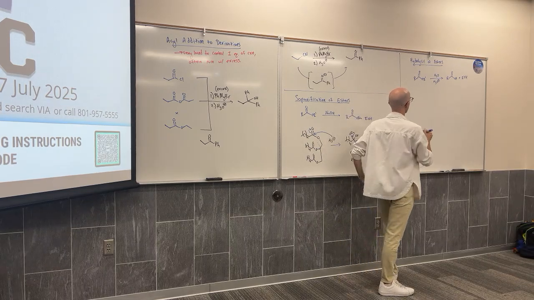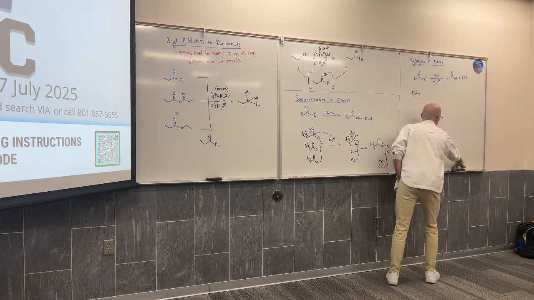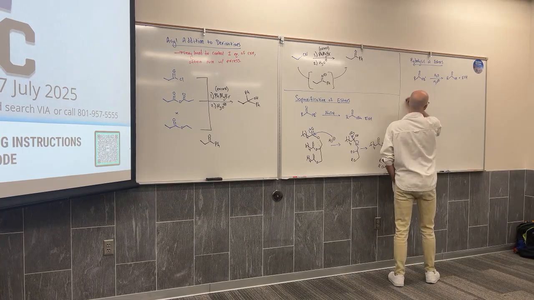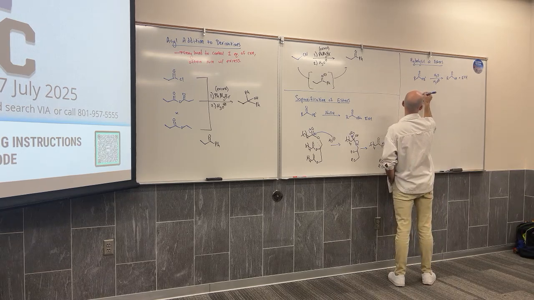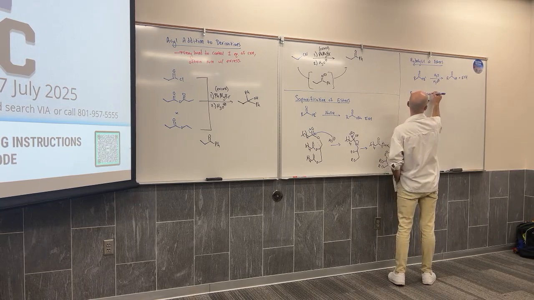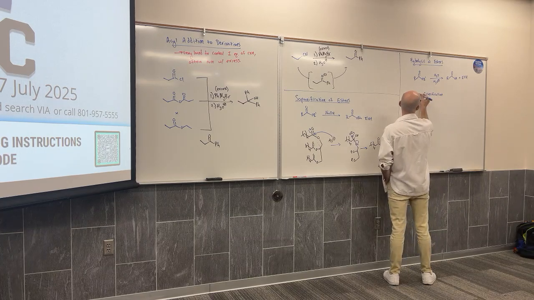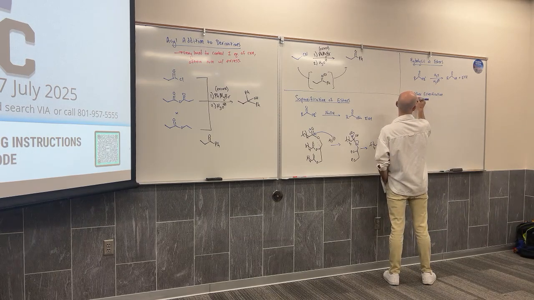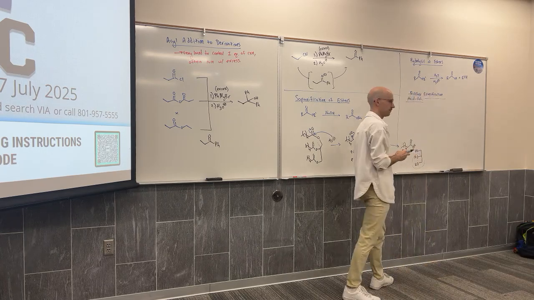We're going to dive into this mechanism, but we're also going to dive into the reverse mechanism, which is called Fischer esterification. I prefer to call it acid catalyzed esterification.